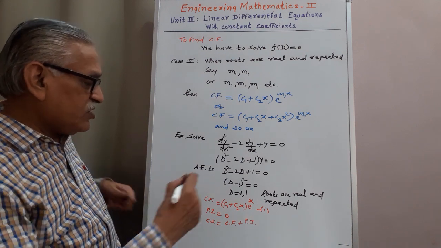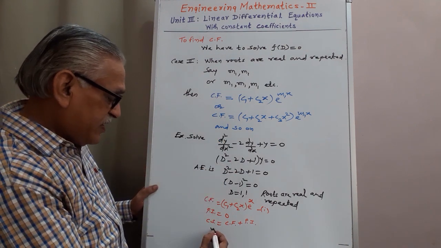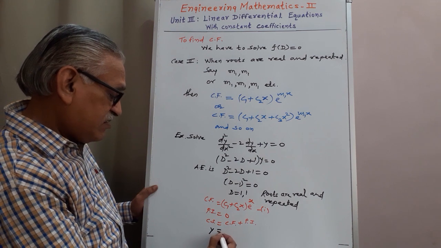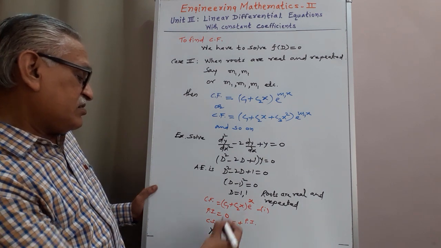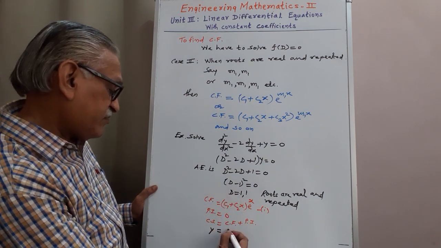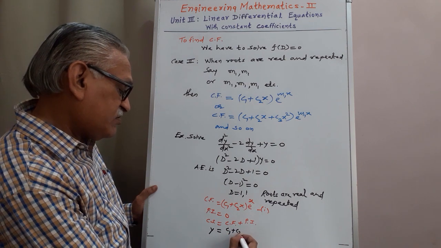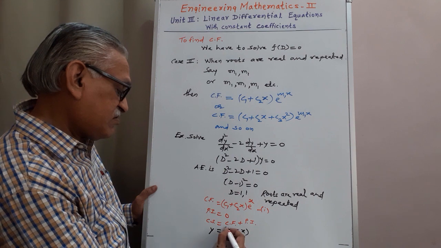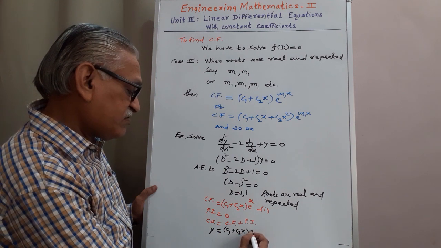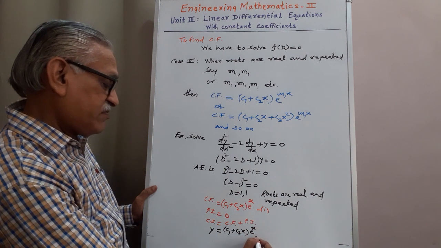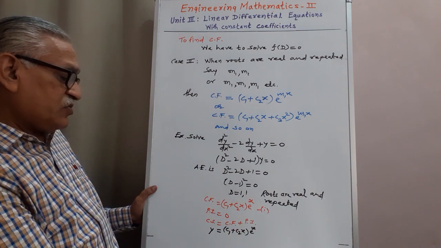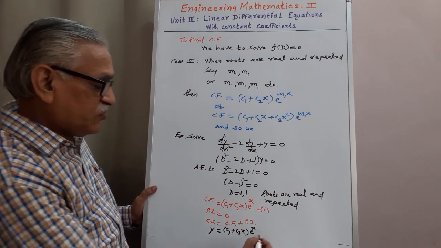The complete solution is for the dependent variable. Here the dependent variable is y. CF is c1 plus c2x into e raised to x, PI is 0, and this is the required solution.